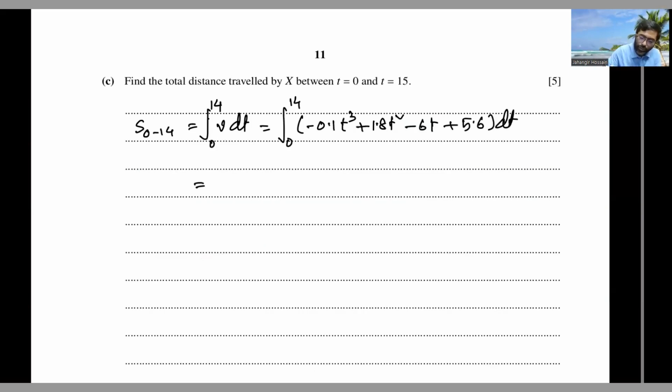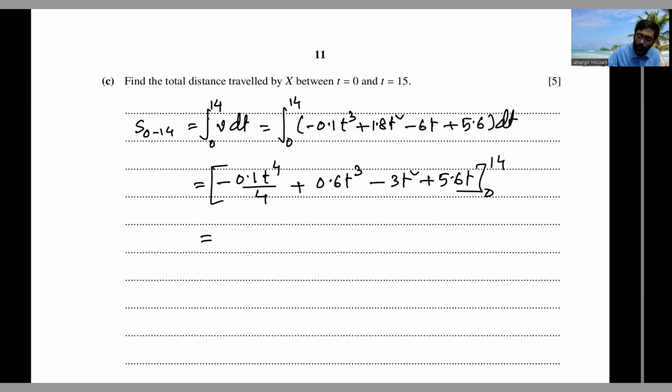Integrate this one, then substitute the limits 0 and 14. You substitute 0, it becomes 0.